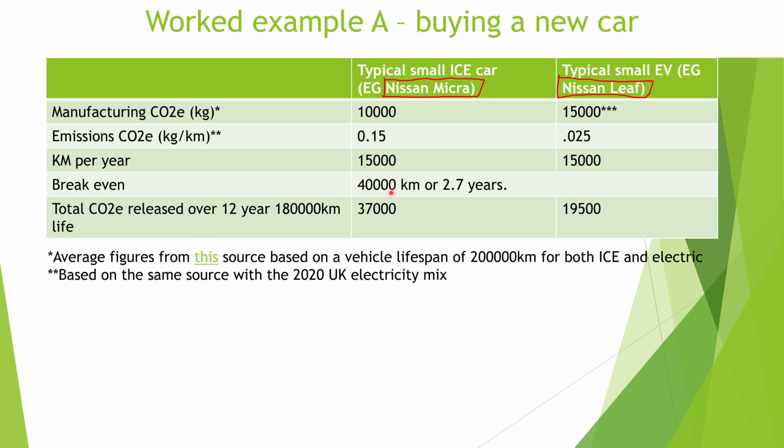When we do the maths, which I'll show you graphically in the next slide, we see that the break-even point comes after only 40,000 kilometers, which in this case would be achieved in 2.7 years. Now that's a very, very rapid break-even point at a very, very low mileage, and we can have absolute confidence that even a really rubbish electric car is going to last 40,000 kilometers or 3 years.